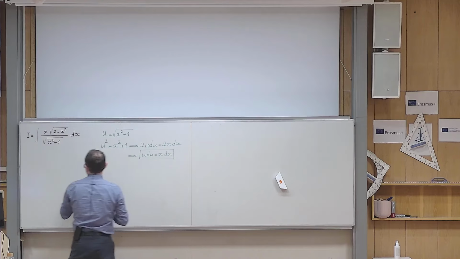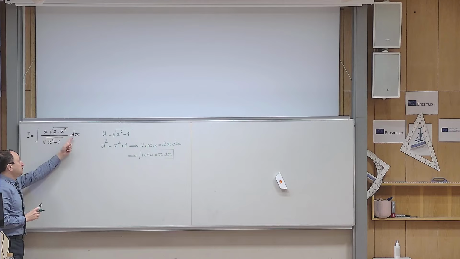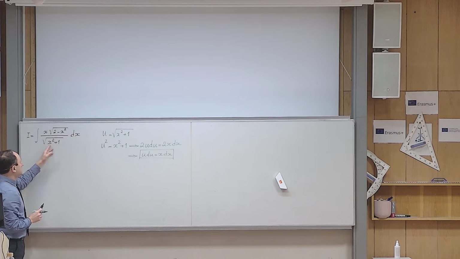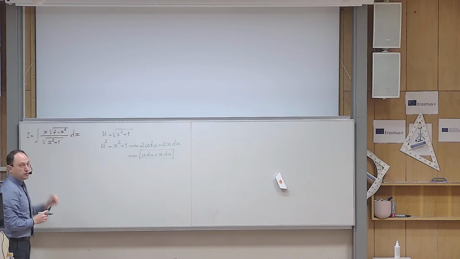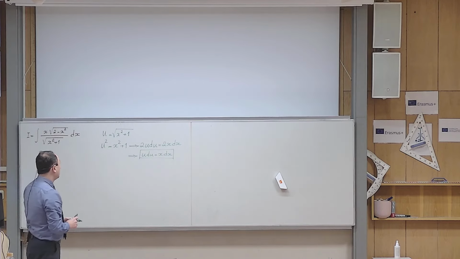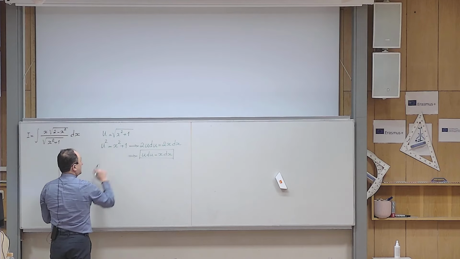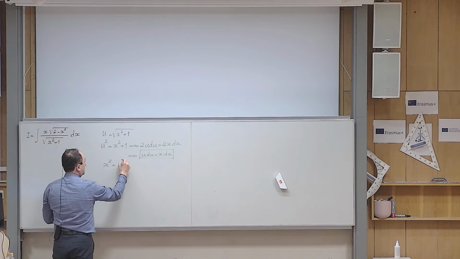But if I introduce a new variable, I have to get rid of my old variable everywhere. I don't have any problems here, I can replace u here. I also need to write 2 minus x squared in terms of my new variable u. That's easy because I can immediately see that x squared is u squared minus 1.